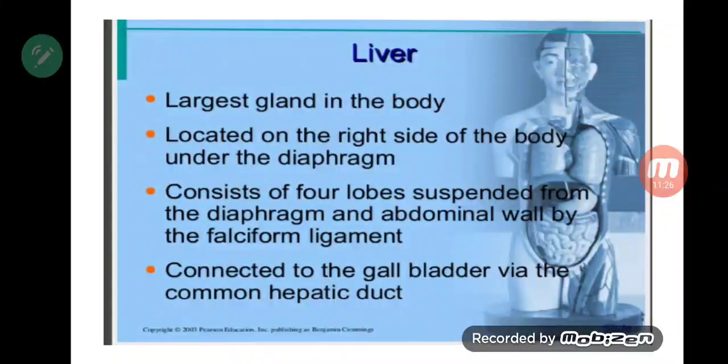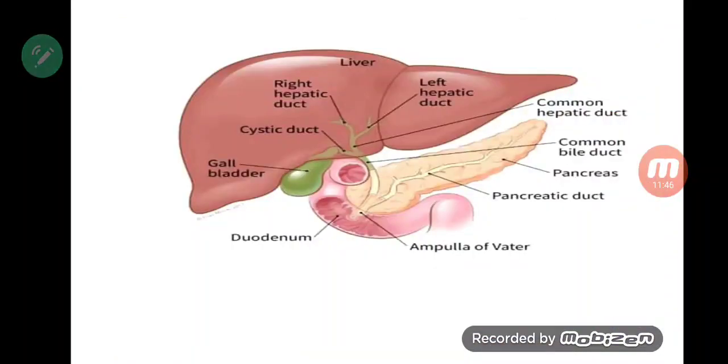The liver, the largest gland in the body, is located on the right side of the body under the diaphragm. It consists of 4 lobes, suspended from the diaphragm and the abdominal wall by the falciform ligament, and connected to the gallbladder via the common hepatic duct. Here is the left hepatic duct, and here is the right hepatic duct, and we have here the cystic duct.